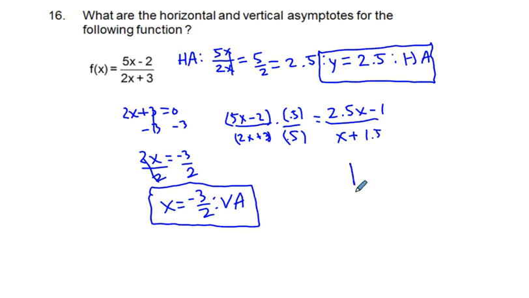So we could go like this, put our negative 1.5, 2.5 minus 1, bring down the 2.5, and 1.5 to 2.5, that's going to be negative 3.75. So we get negative 4.75.